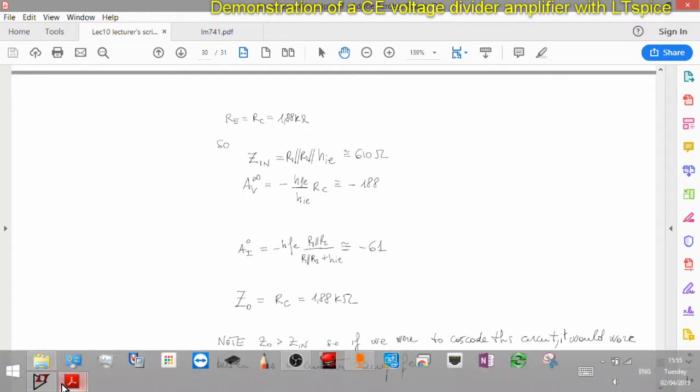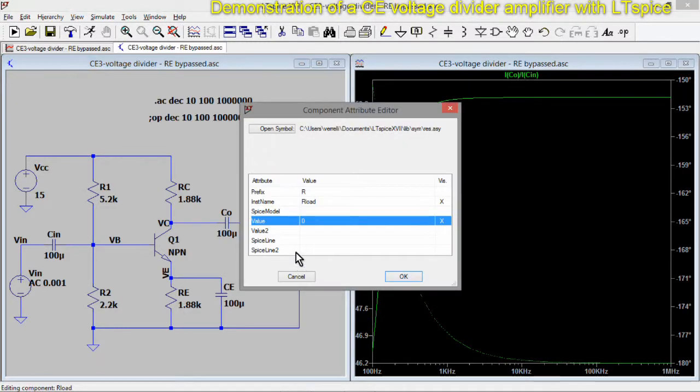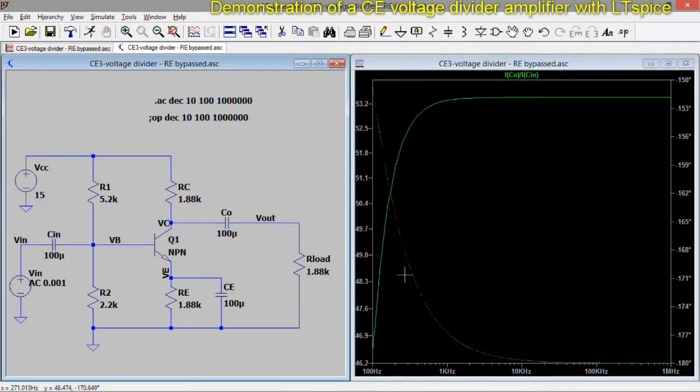So one clever thing I could do, if I'm already suspecting that the output impedance should be 1.88 kilo ohm, is set R load to 1.88 kilo ohm and check that the voltage amplification becomes half. How do you like this idea? Because of the voltage divider, isn't it?